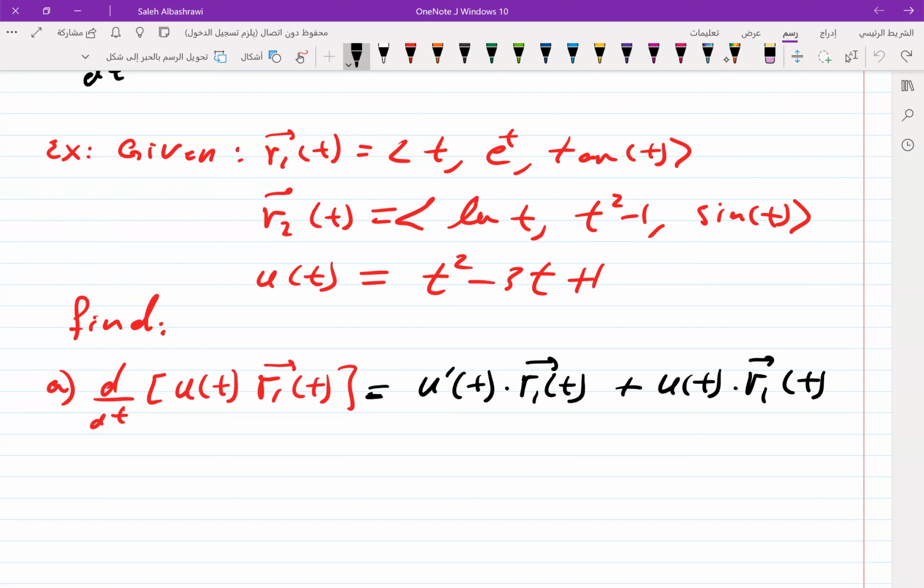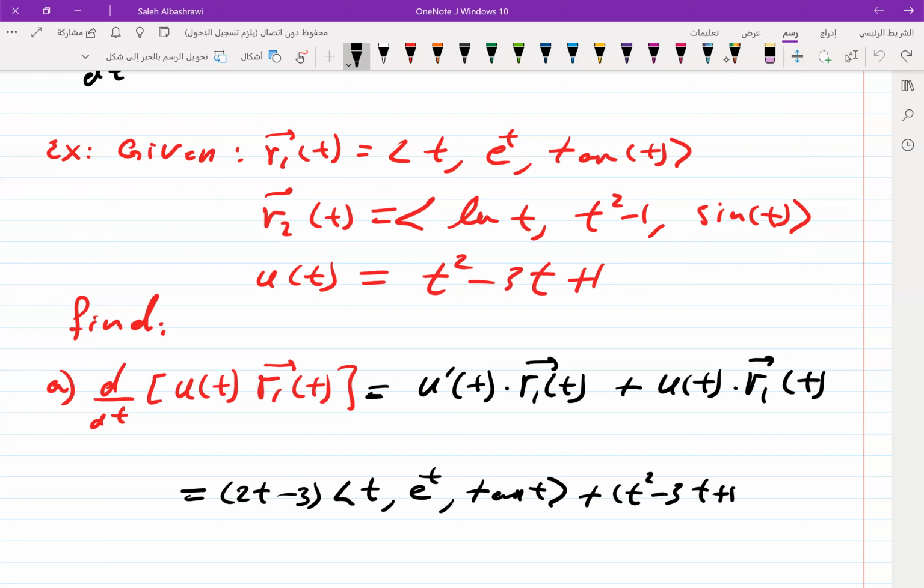So this is equal to the derivative of u of t, which is 2t minus 3. This is the derivative of the scalar function multiplied by r1, which is t, e to power t, tangent, plus u of t as it is, which will be t square minus 3t plus 1, multiplied by the derivative of r1.